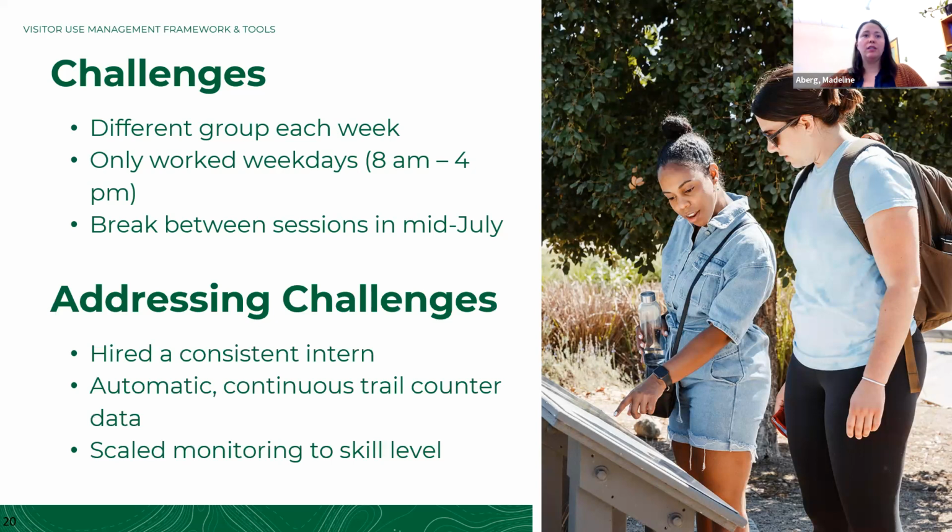And so these are ways that the team addressed these challenges. One thing they did was that they hired a consistent intern who assisted with the project all summer long. And that helped to ensure high quality data collection and provided this consistent on the ground eyes and ears for the project to standardize data collection across the season.